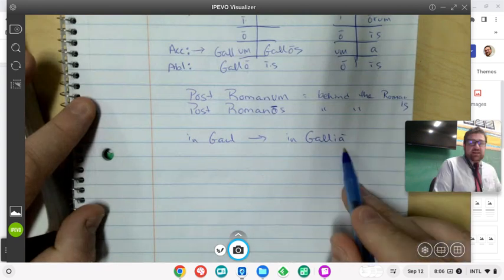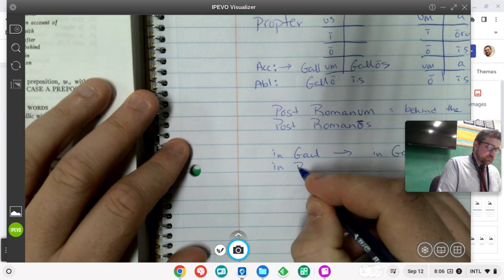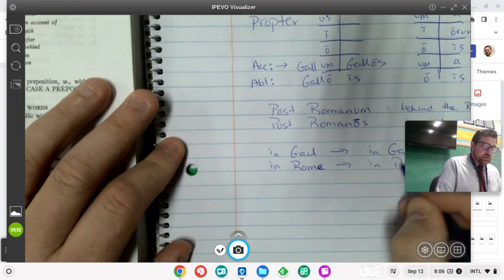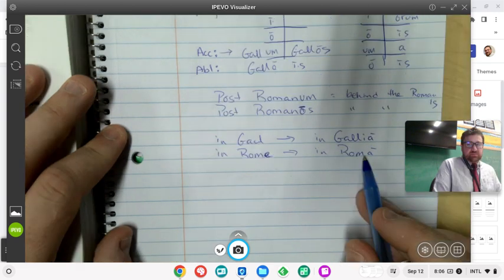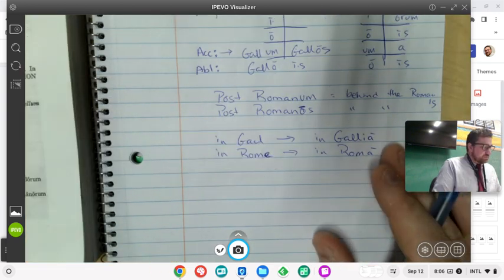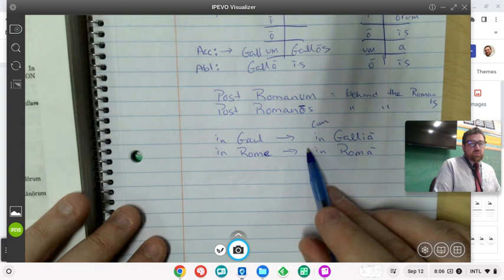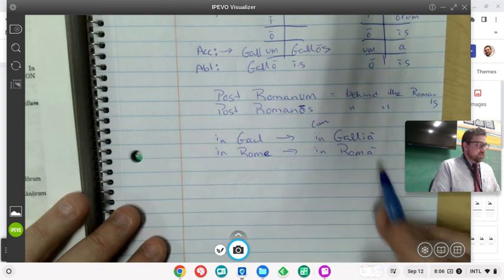The way to say in Rome would be in Roma. And that's also how we would say with Rome. We'd use the same ending. We would just say cum Gallia, with Gaul, or with Rome. We'd keep the same endings because they both use the ablative.